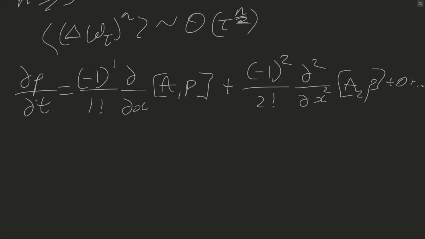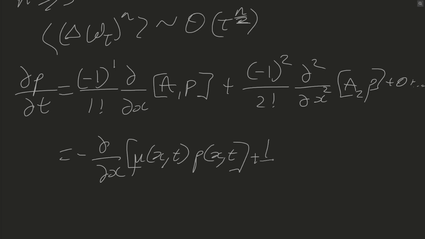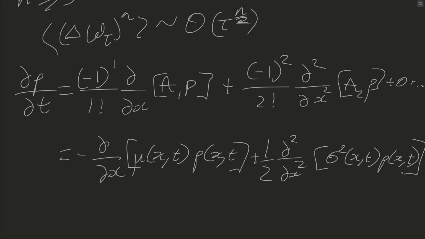And that yields the hopefully final equation, which is, just check that this actually makes sense. Yeah, minus the derivative of mu of x,t p of x,t plus a half second derivative of sigma squared x,t p of x,t. That does to me look like the final Fokker-Planck equation.